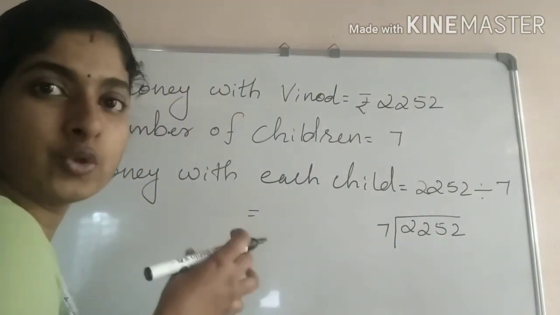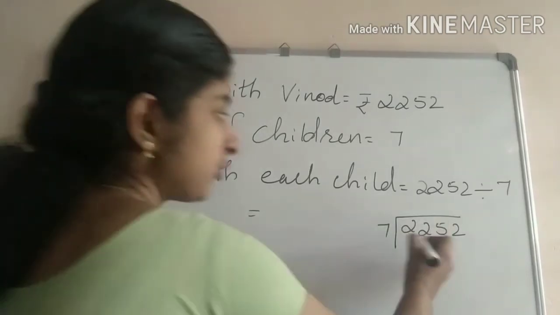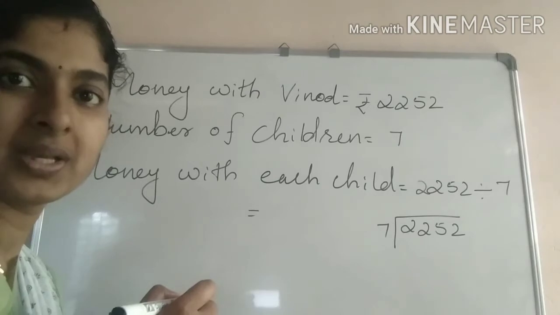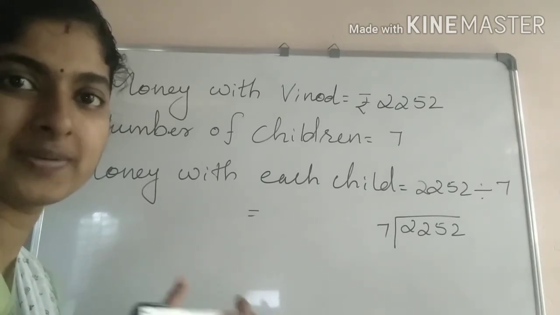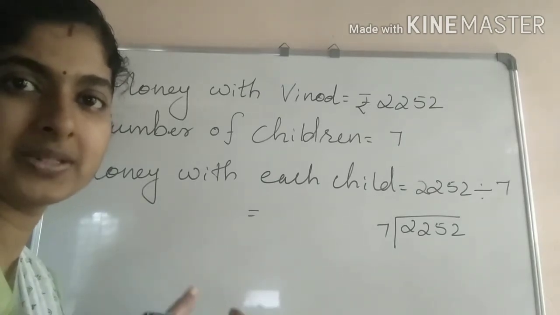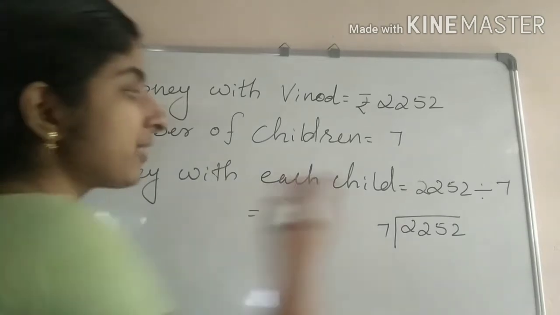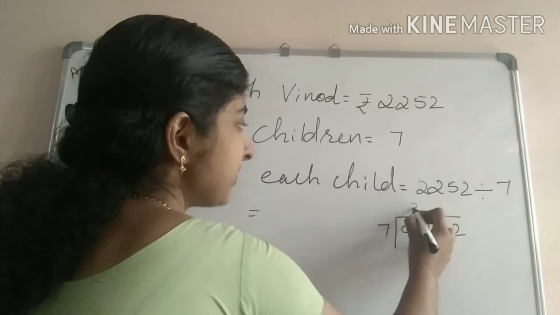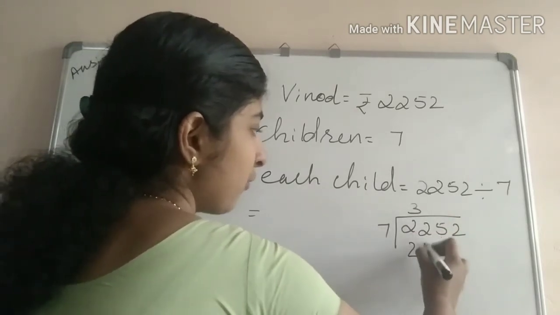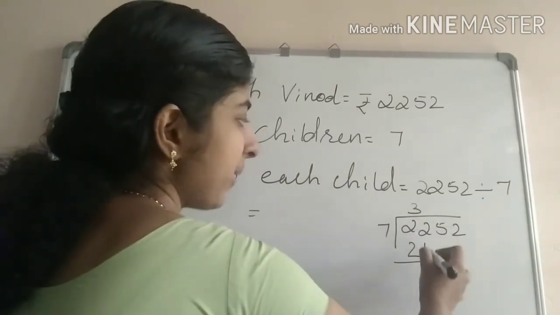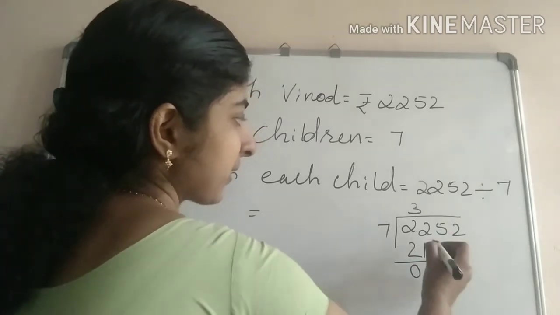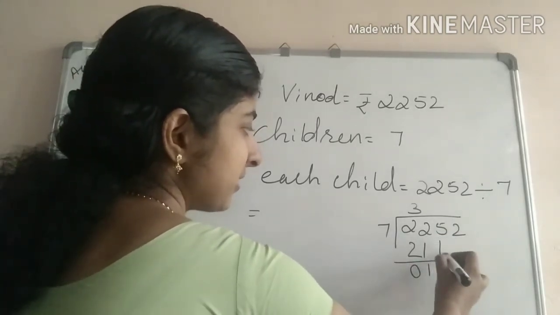So we take two numbers together, that is 22. 22 has how many sevens? 1 seven is 7, 2 sevens are 14, 3 sevens are 21, 4 sevens are 28. Here only 22, so 3 sevens are 21. Then 2 minus 1 is 1, 2 minus 2 is 0. Then this 5 comes down.